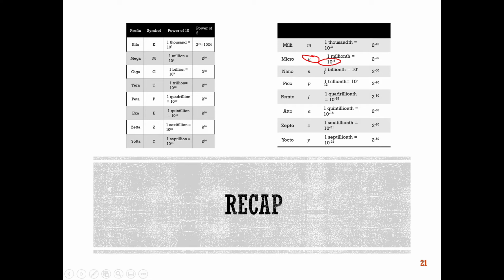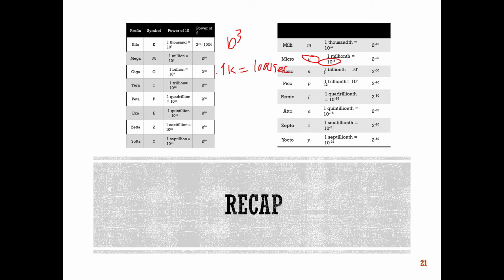So kilo is 10 to the third. For every 1,000, let's say, seconds, that goes into 1 kilo. So 10 to the 3, right? For 1 kilo equals, let's say, 1,000 seconds. We're going to use seconds for this one.